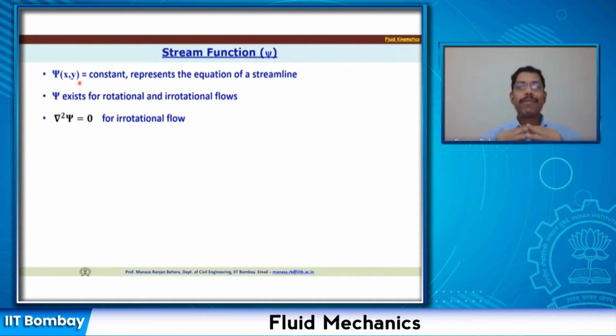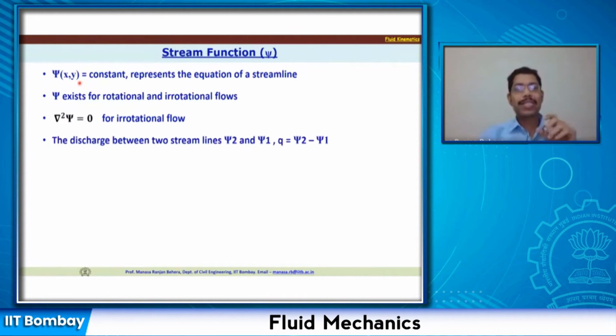When you have different psi lines, you can actually find out the discharge through two psi lines or streamlines. Okay, so the discharge between two streamlines, streamline 1 and streamline 2, is going to be equal to the difference between the values of these psi functions.